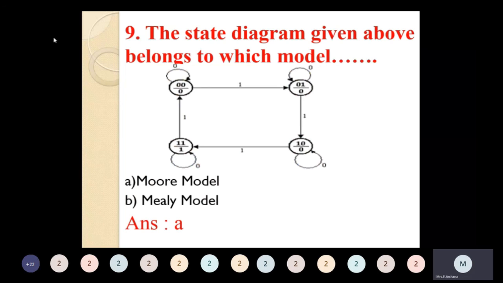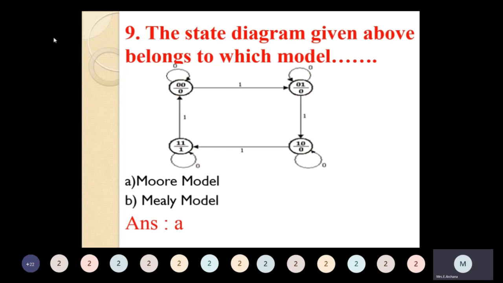The stable output will be represented inside the circle. So when x is equal to 0 and x is equal to 1, we have the same output. So the given state diagram represents the Moore model. So the correct option will be A.